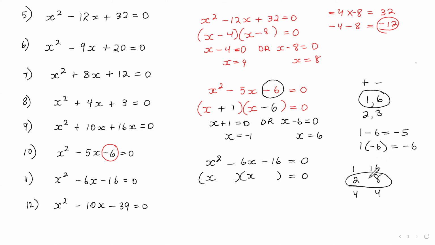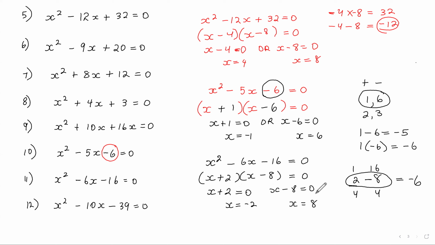And we need negative 6, so it will have to be 2 take away 8. 2 take away 8 is equal to, not negative 4, is equal to negative 6. And then 2 times negative 8 is negative 16. So this will be x plus 2 by x minus 8. So therefore, x plus 2 is equal to 0 or x minus 8 is equal to 0. So therefore, x is equal to negative 2 or x is equal to positive 8.